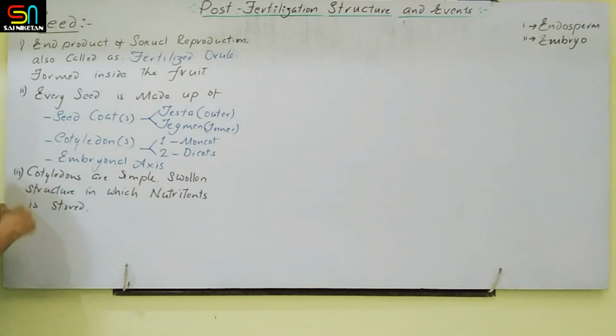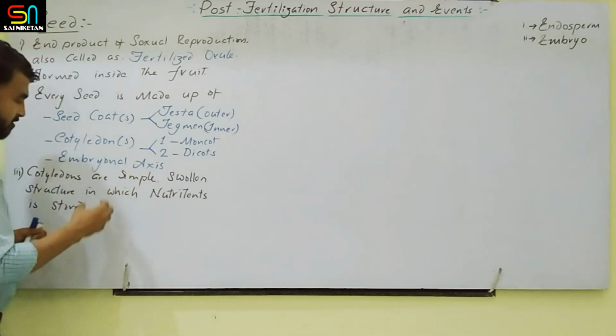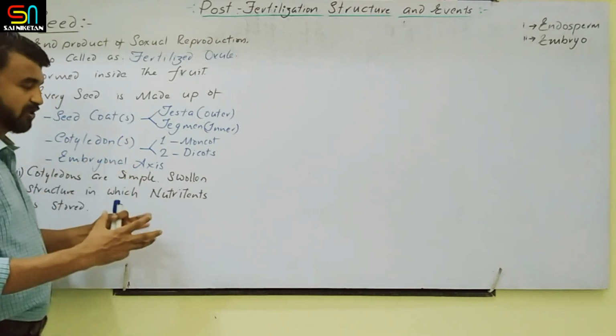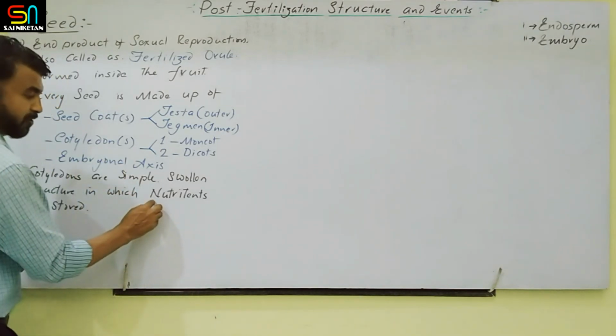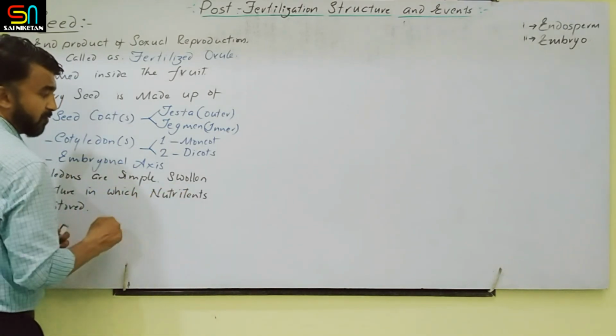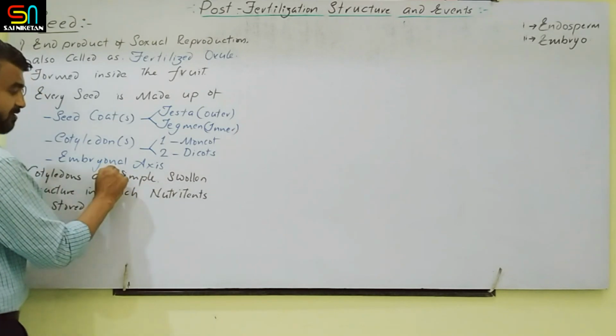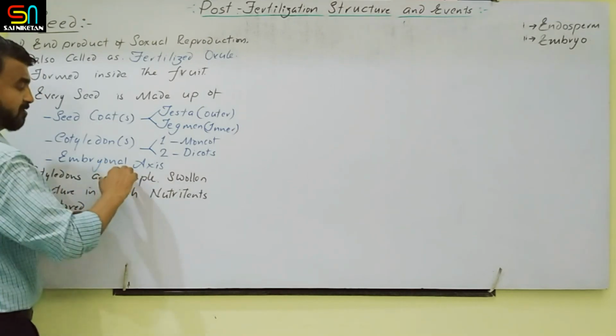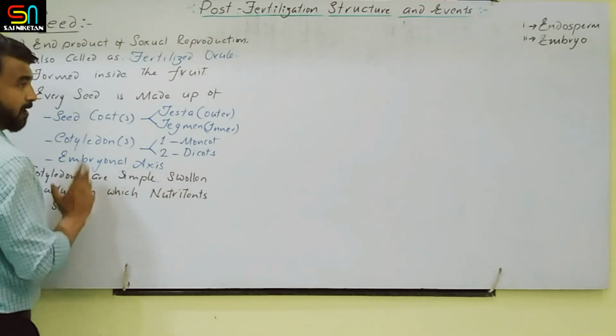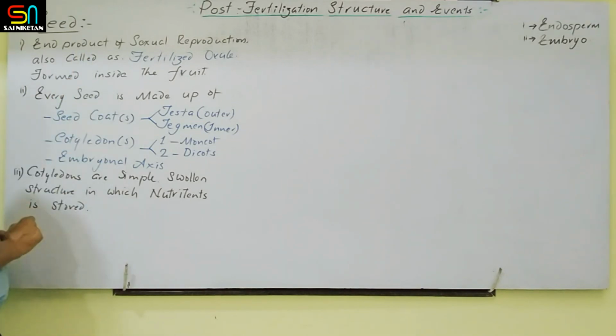At the mature state, this cotyledon is a little bit fleshy, swollen part. In that, nutrient is present. This nutrient is supplied to the developing embryo, which in future develops into a seed. So these are the main points.